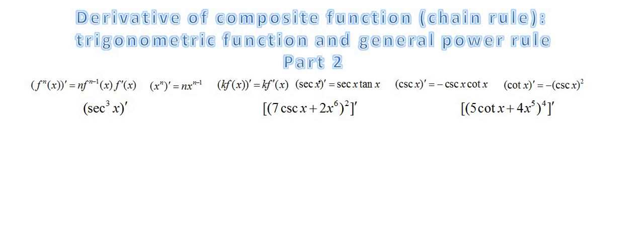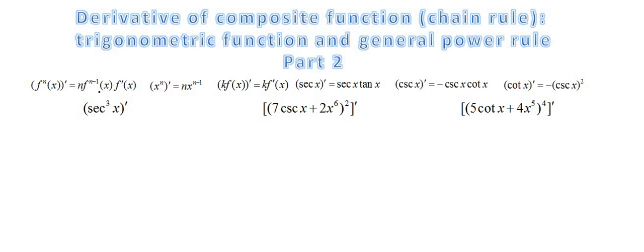The derivative of secant x equals secant x times tangent x. The derivative of cosecant x equals negative cosecant x times cotangent x. The derivative of cotangent x equals negative cosecant x squared. Okay, now let's take a look at the first example.